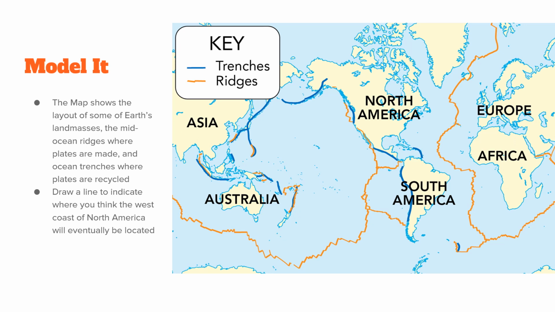Draw a line to indicate where you think the west coast of North America will eventually be located. And we're going to draw a line right around here. It should look something like that. That would be over the plates.